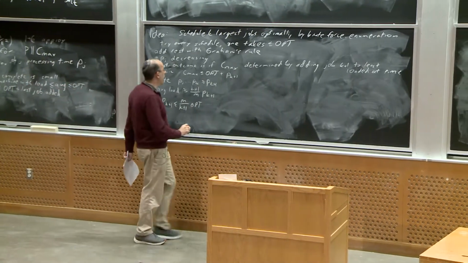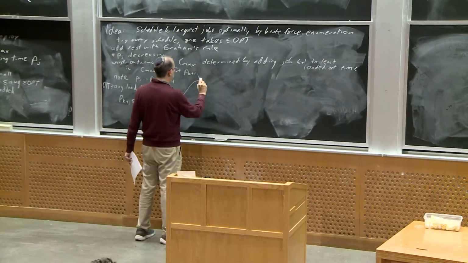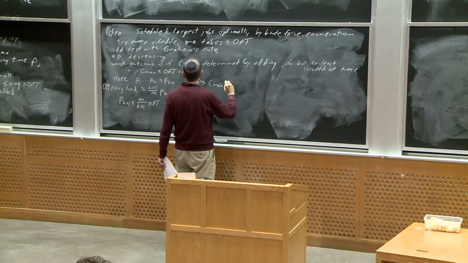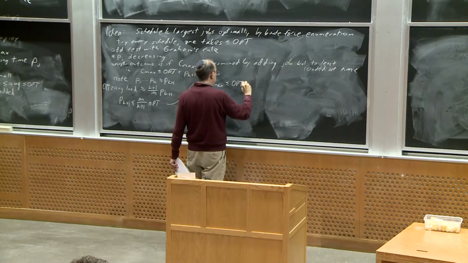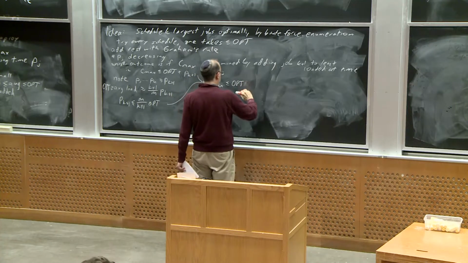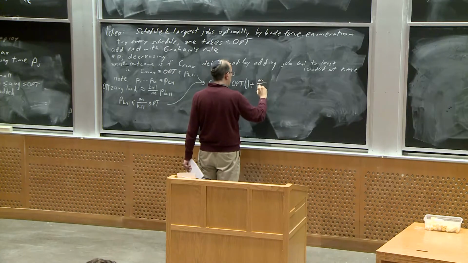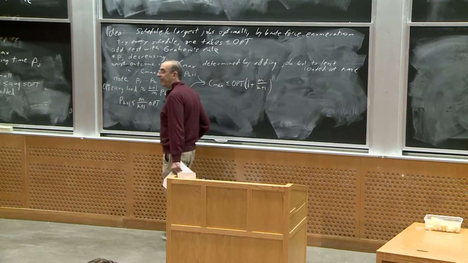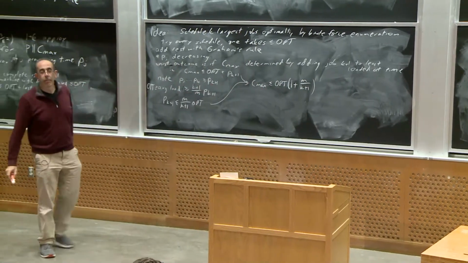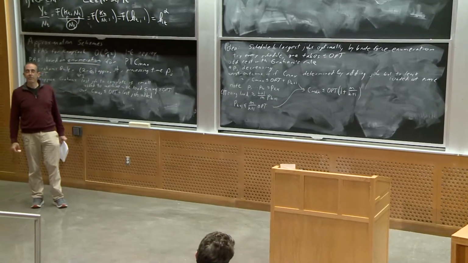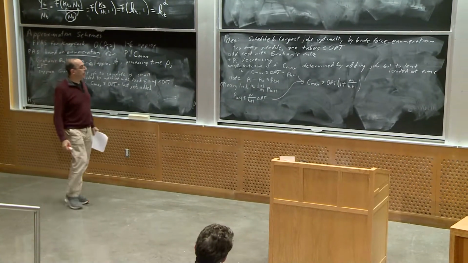So we can go back and plug that into the formula that we have over here, and we discover that our Cmax is at most opt plus, or opt times 1 plus m over k plus 1. Right? What does that mean?